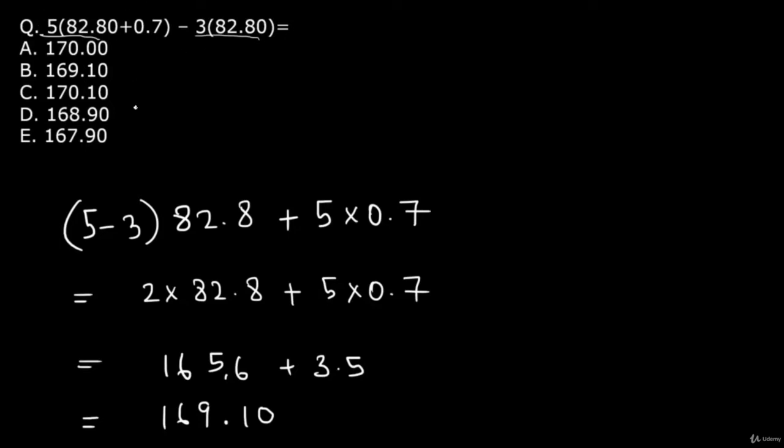So let's club it over here. So this becomes (5 minus 3) into 82.8 plus 5 into 0.7. Now this is 2 into 82.8 and that becomes 165.6, and you add 3.5 to that and you get your answer as 169.10, and that is option B over here.